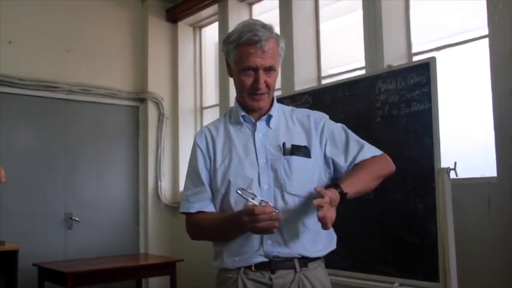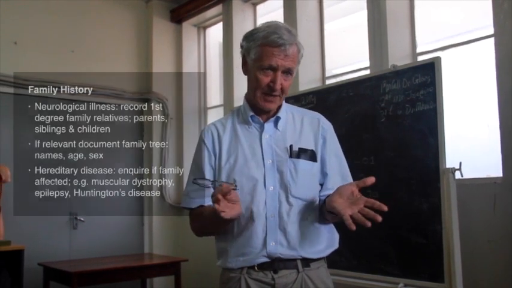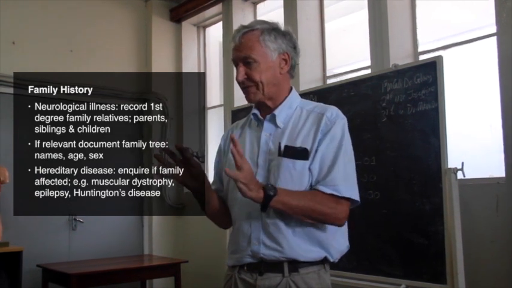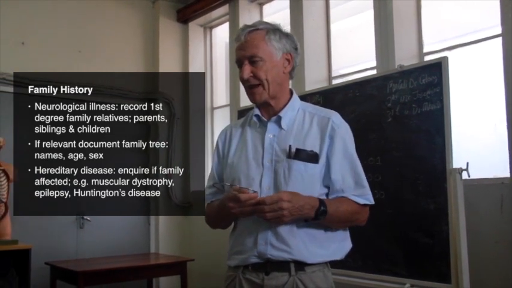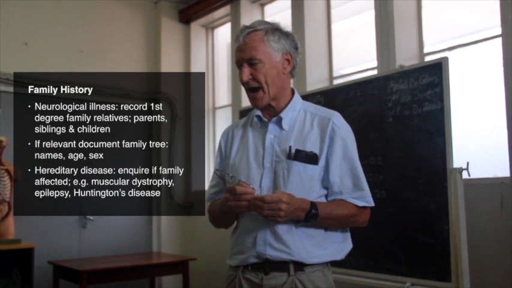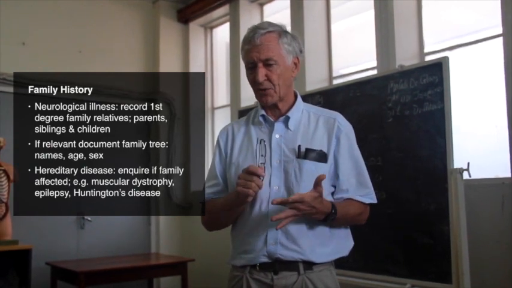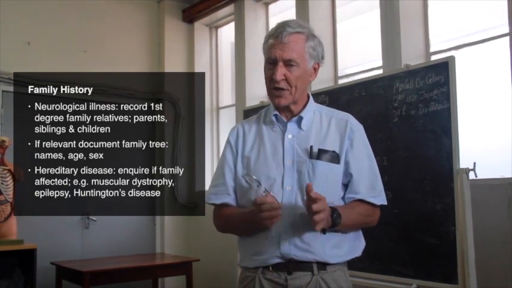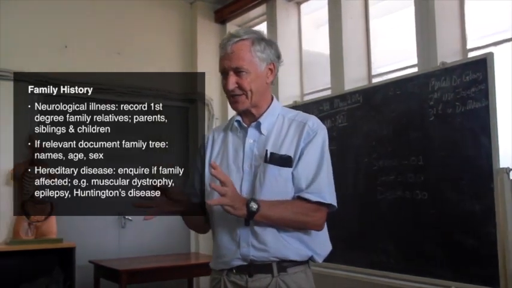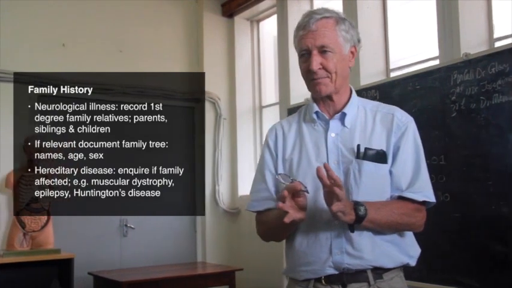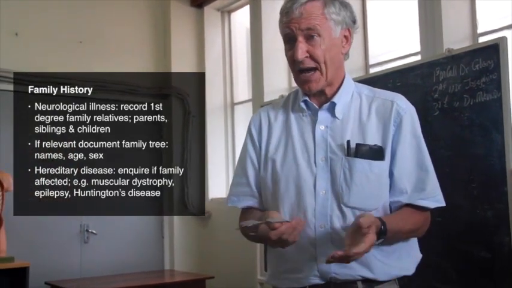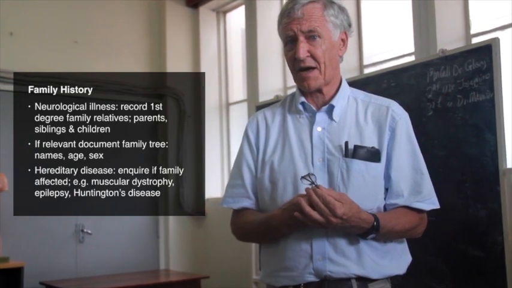and any relevant symptoms. Family history, I think you know that we record first, what we call first-degree family relatives, and you know what they are. Parents, siblings, and children. We're interested in neurology often in genetic diseases at this point. For example, we see epilepsy actually runs in families.